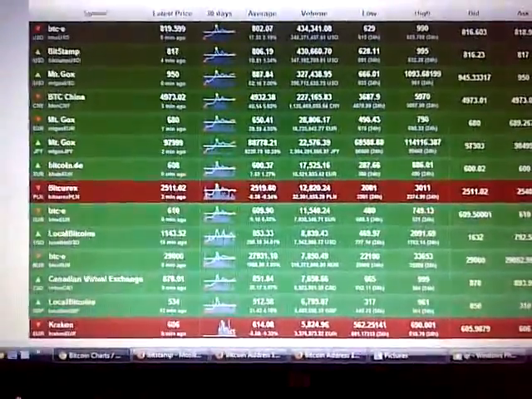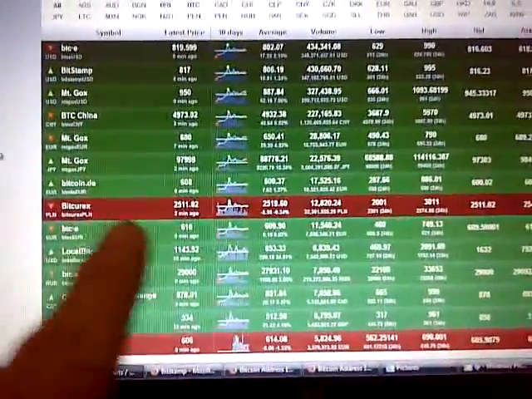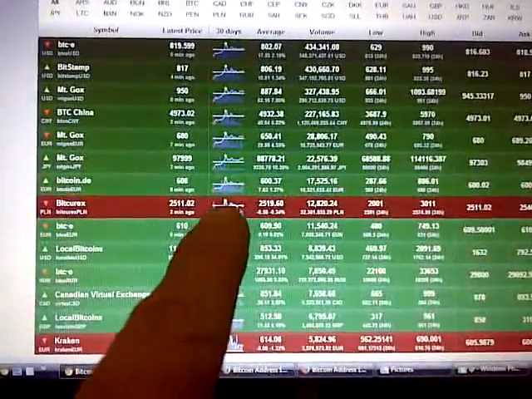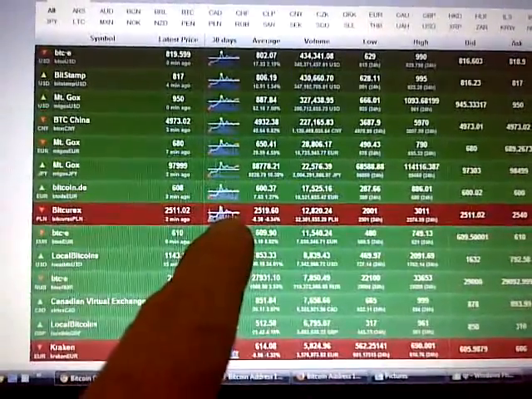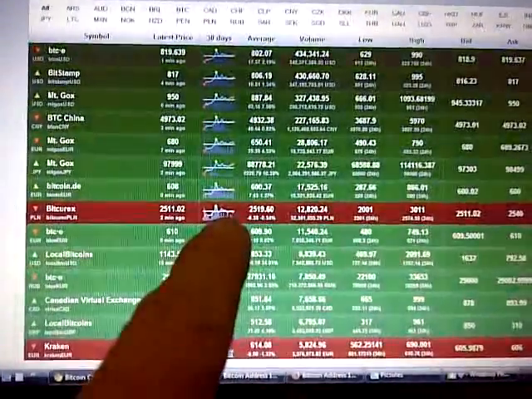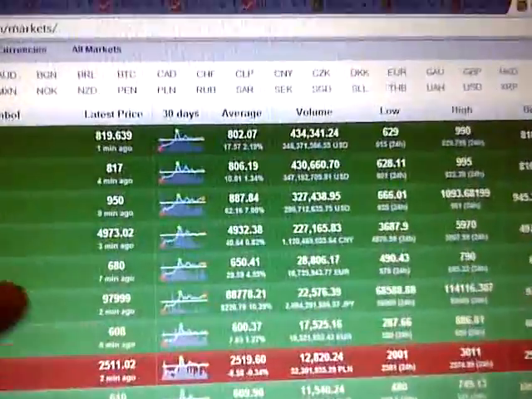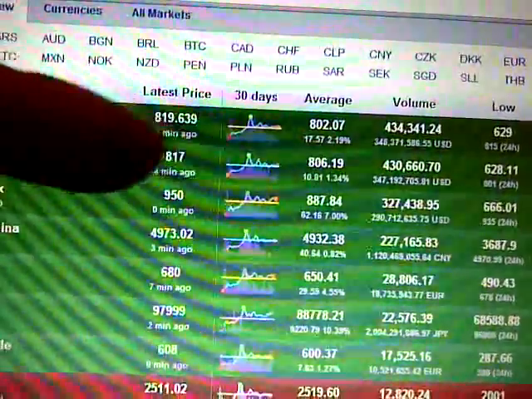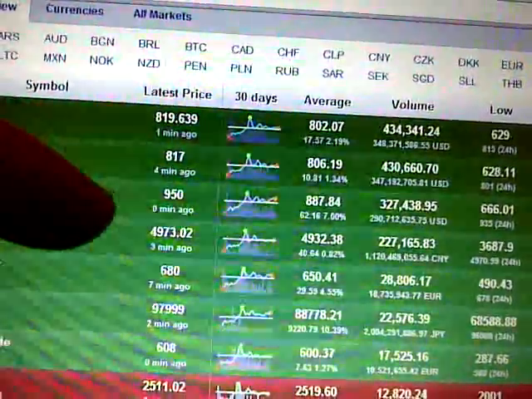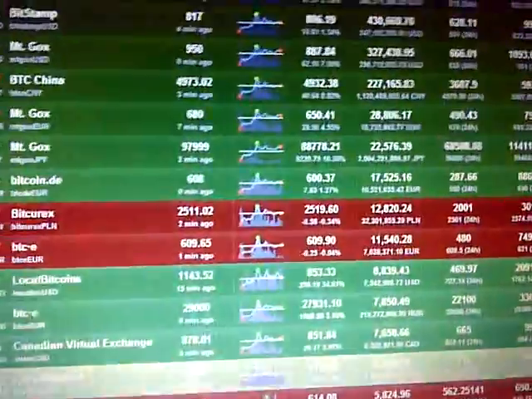So now if you remember seeing this, this is new. This is red now, which indicates that the price has gone below the 30-day average. So that's why it turns red. A lot of these are almost at their 30-day average, so it wouldn't be surprising if it dropped below that, because you're seeing 2 up here.